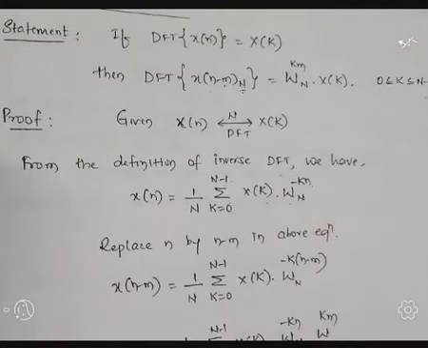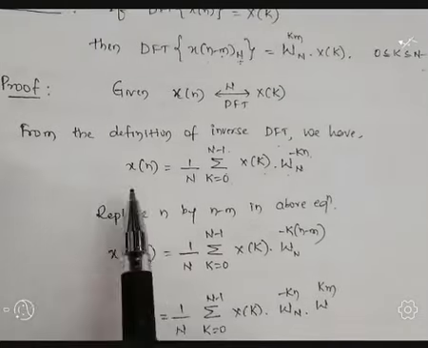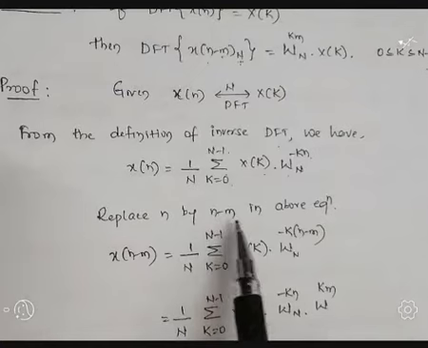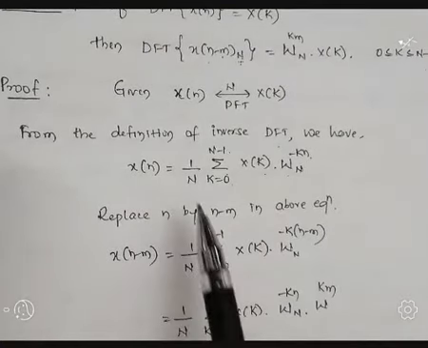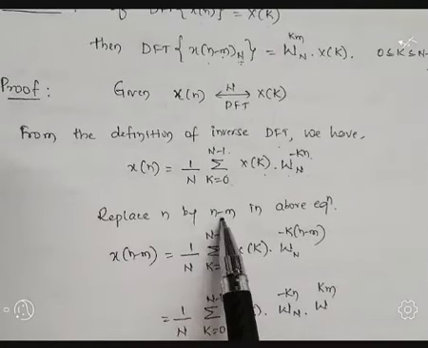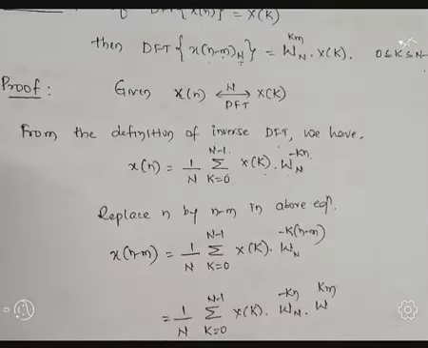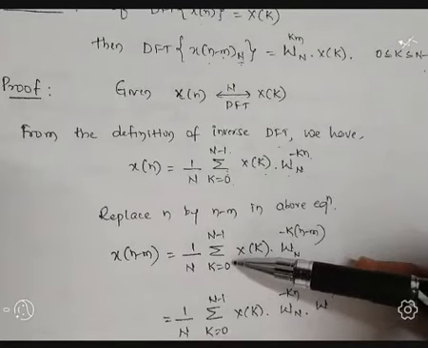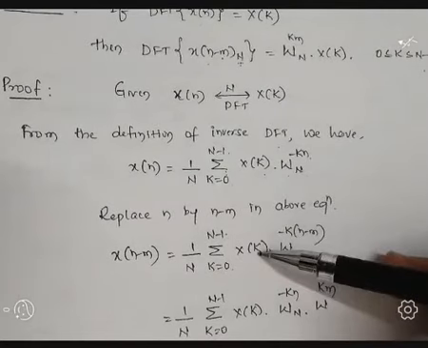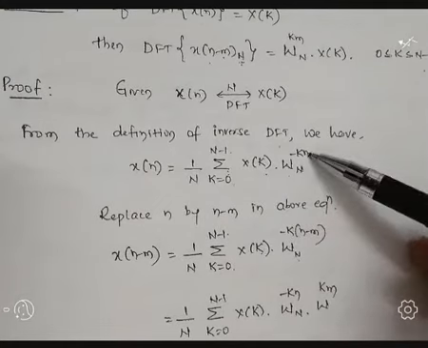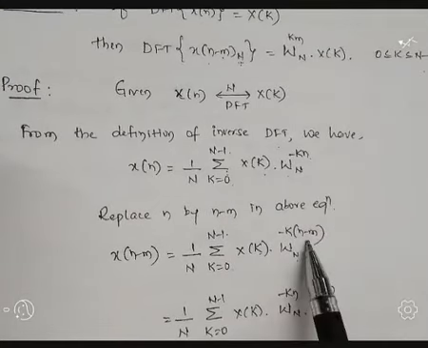Wherever n is there, replace n by n minus m in the above equation. What happens? x of n becomes x of n minus m on the LHS. Similarly on the RHS, 1 by N as it is, summation over k equal to 0 to N minus 1, X of k, W_N power minus k as it is, but n is replaced by n minus m.